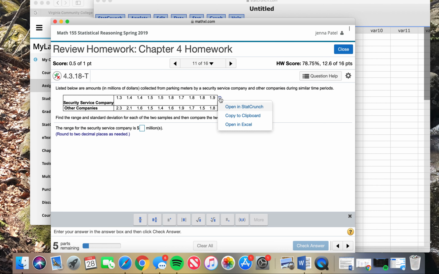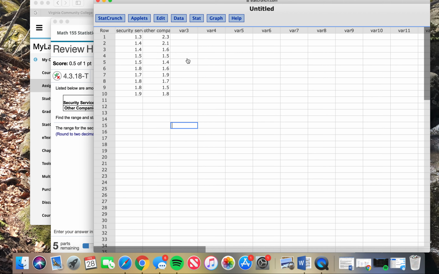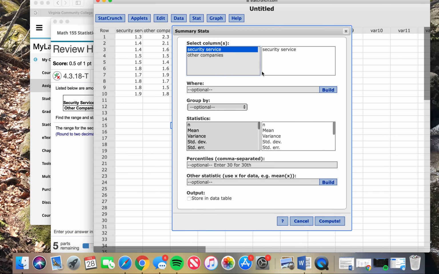So first, obviously this opened in StatCrunch, and then it comes out like this, and with that you're going to want to find the range. So we're going to go to stats, summary stats, columns, and then security service, and then from there we want the range.